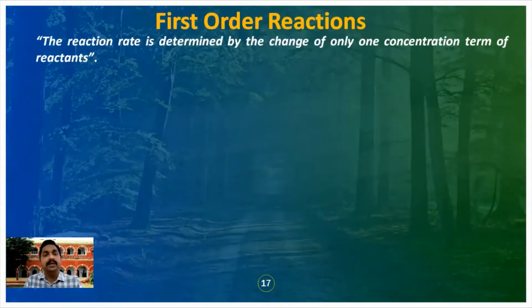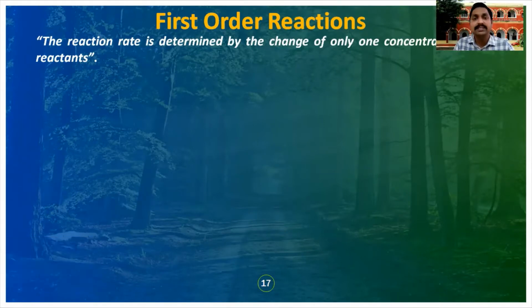Thus, in first order kinetics, the reaction rate is determined by the change of only one concentration term of reactants. Let us discuss how to derive the rate constant of first order reactions.